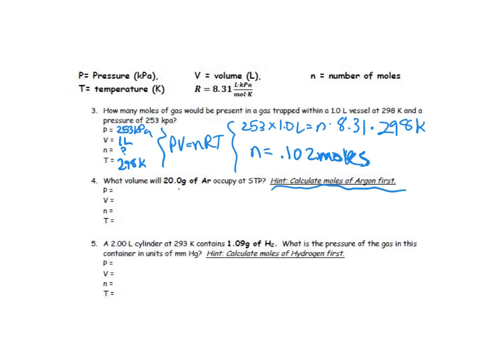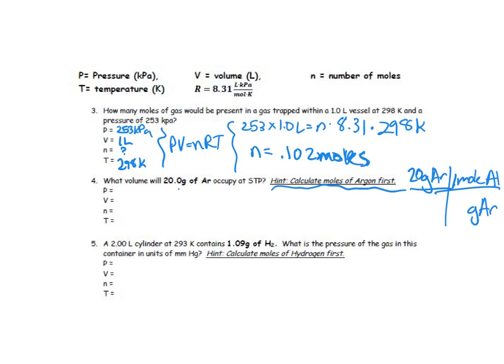So if you remember, to solve that, and we can do this off to the side a little bit, 20 grams of argon, and if we remember our dimensional analysis, we have to put grams of argon down here, and we put mole of argon up here. And so we have to look, is there a relationship between moles and grams? And you guys know by now there is. The molar mass.